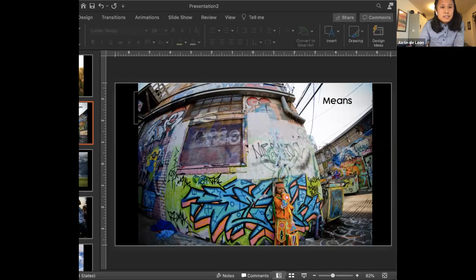In Native studies, there is a concept called visual sovereignty, which essentially points to this notion that if we think of sovereignty only as legal sovereignty, we are already eliminating a large swath of activity that includes creativity, arts, dance, music, other ways to show that you're a flourishing people. So that's creative means, the first one.